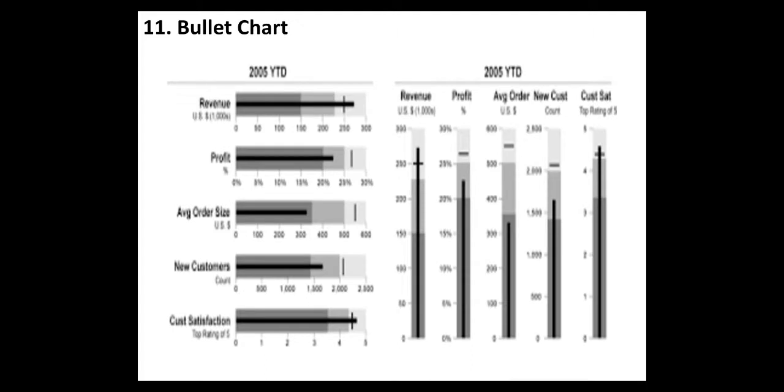The bullet chart is shown in the image. It is typically used to display performance data related to a goal. That means the name itself tells us it is aimed at reaching a goal.